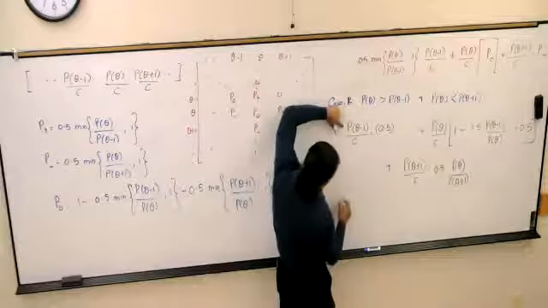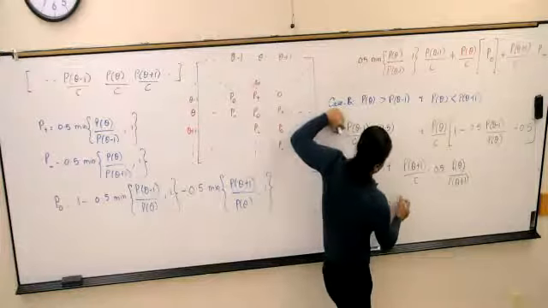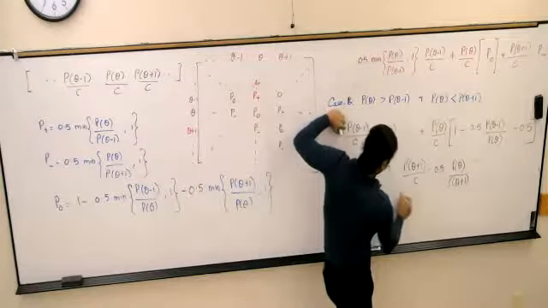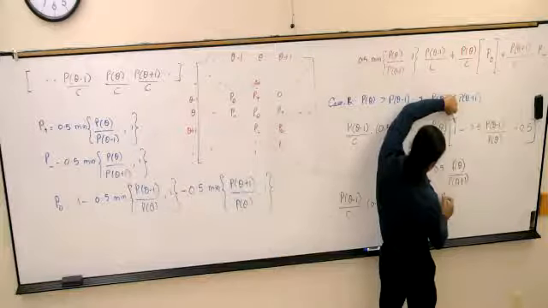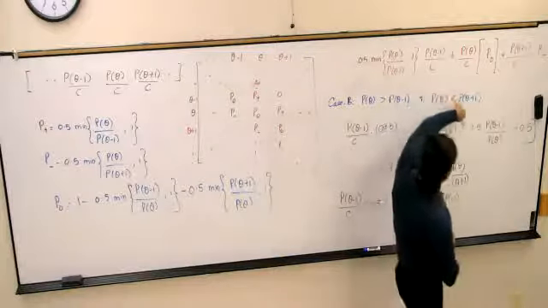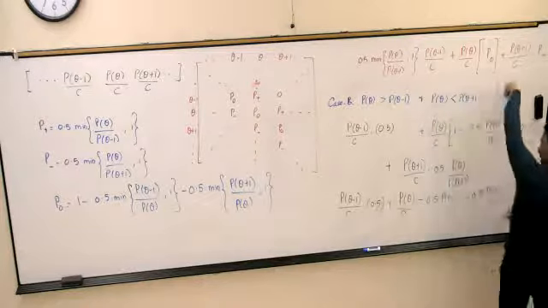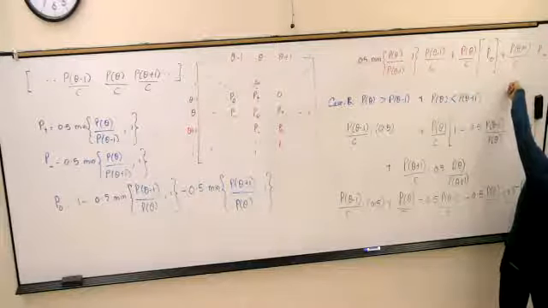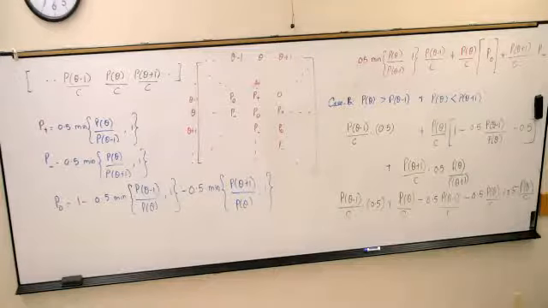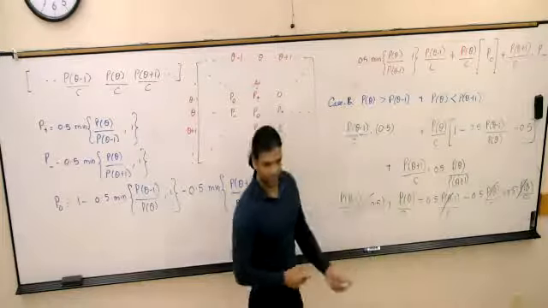So we'll have P of theta minus 1 over C times 0.5 plus, by distributing, P of theta over C minus 0.5 P of theta minus 1 over C minus 0.5 P of theta over C plus 0.5 P of theta over C. Those 2 cancel out, and the first and the third also cancel out. We'll end up getting P theta over C.